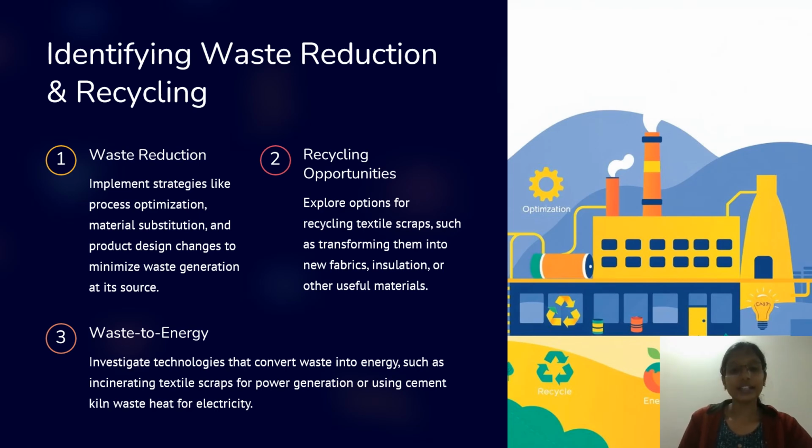So how do we recycle these and what are the opportunities? Explore options for recycling textile scraps, such as transforming them into new fabrics, insulation, or other useful materials. Waste to energy. Investigate technologies that convert waste into energy, such as incinerating textile scraps for power generation or using cement kiln waste heat for electricity.